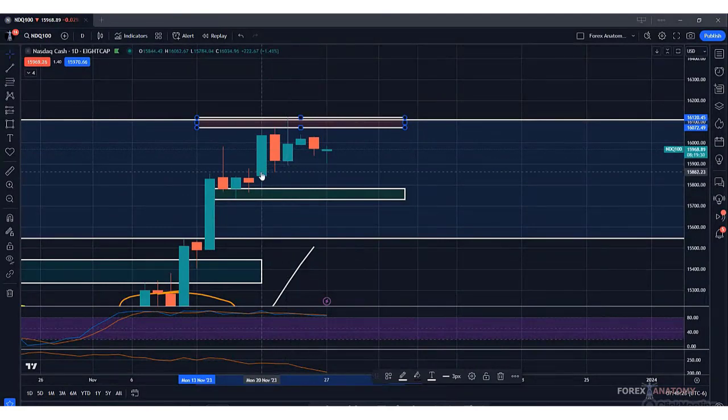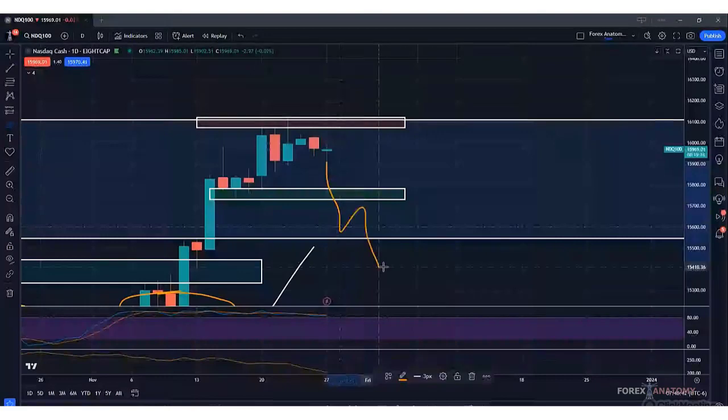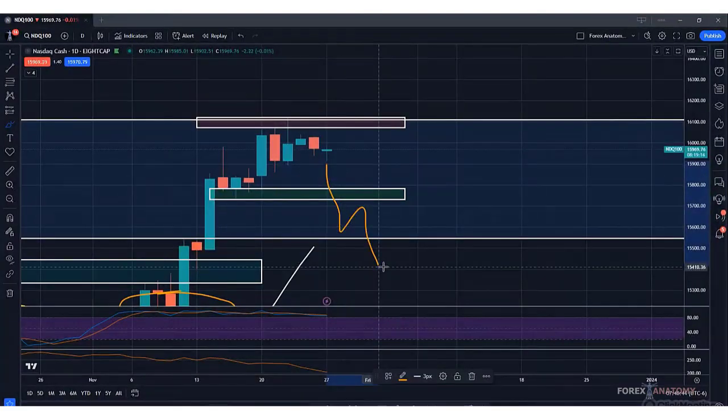But whenever we see price slowing down like this, it can mean one of two things. It can mean price is going to reverse and head lower, in other words, create a correction to the downside, or it could be consolidating for a potential break to the upside and a pullback and up.